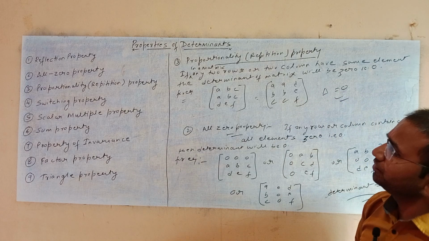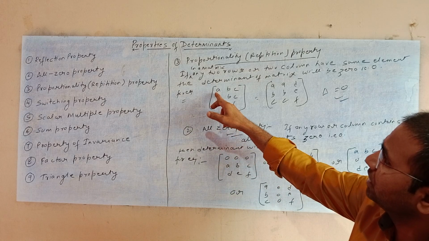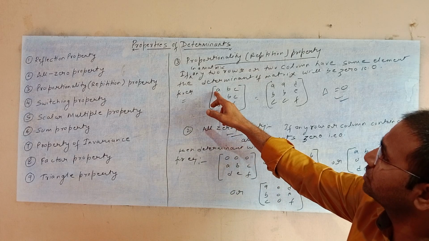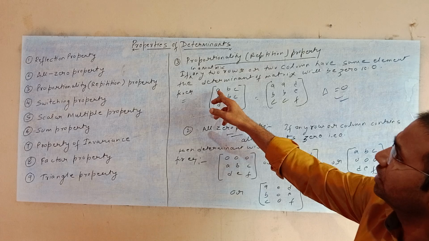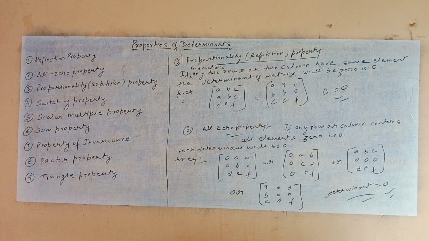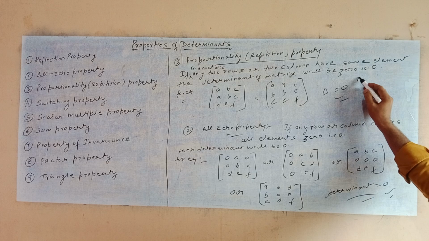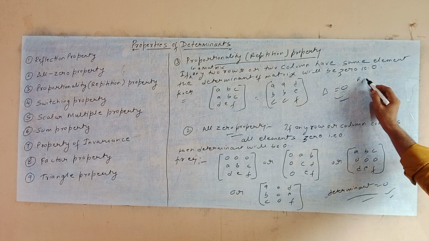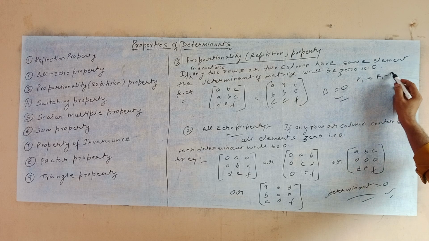How will it be 0? When you subtract the second row from the first row and write it as the first row, then all elements become 0. So you write R1 such that R1 minus R2.